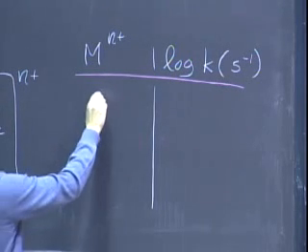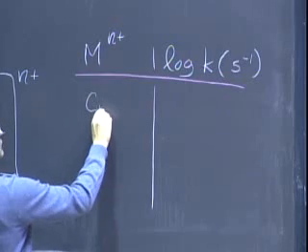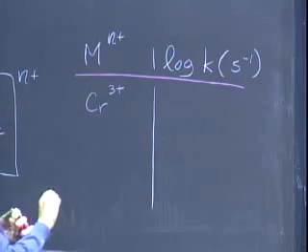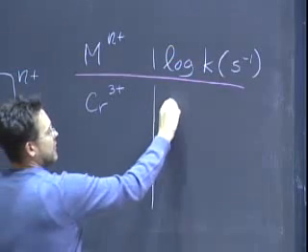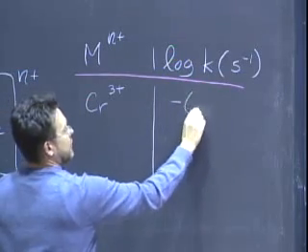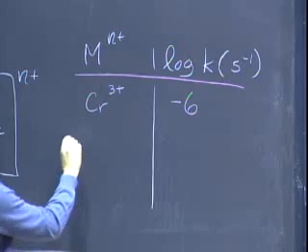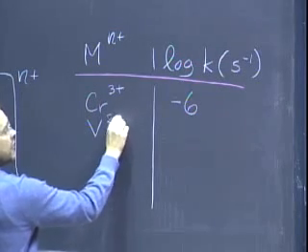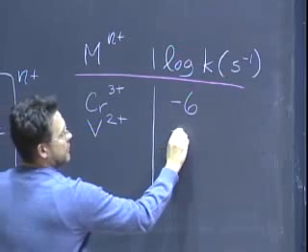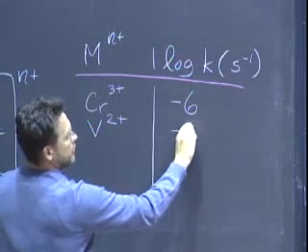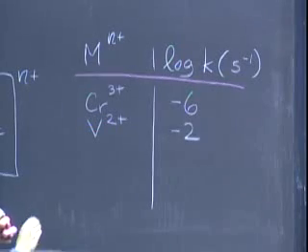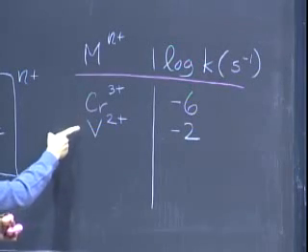And if we start down here at chromium 3+, we would find that the log of the rate constant is approximately -6. And then if we went to vanadium 2+, the rate constant log goes to -2. So the reaction's faster than it is for chromium 3+.